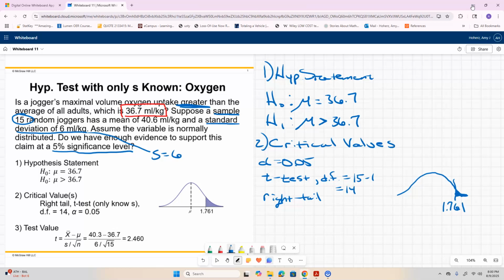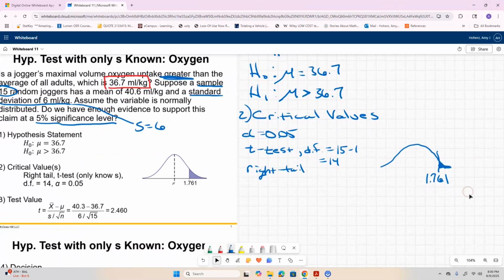Okay, so now we're ready for our test value. Test value is t, and it's x bar minus mu over S over square root of n. The sample average, the x bar, was 40.6.